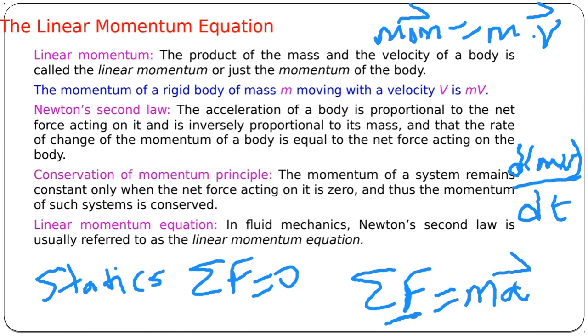If the sum of the forces is zero, then the momentum is conserved, meaning that the value of the momentum is constant because the derivative of a constant is zero. So in the case the momentum is constant, whether it's stationary or moving at a constant speed, then the momentum is being conserved, the conservation of momentum principle.